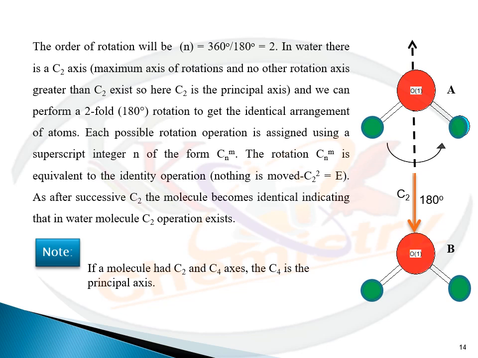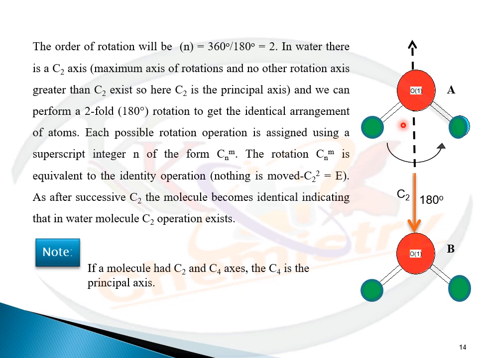So if we rotate molecule A by 180, we get B. Here we have not labeled it as hydrogen 1, hydrogen 2, just to show you that the C2 operation exists in the water molecule.